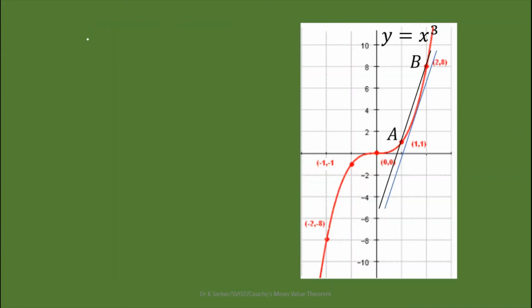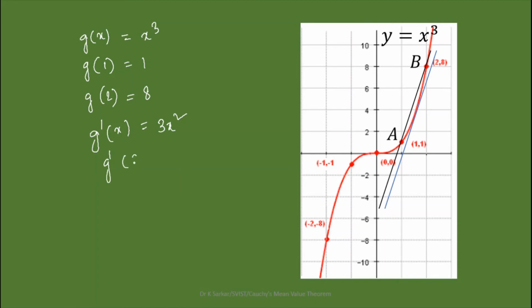Here is the function g(x) equals x cubed. g(1) is 1 and g(2) is 8. g'(x) is 3x squared. g'(c) equals 3c squared.